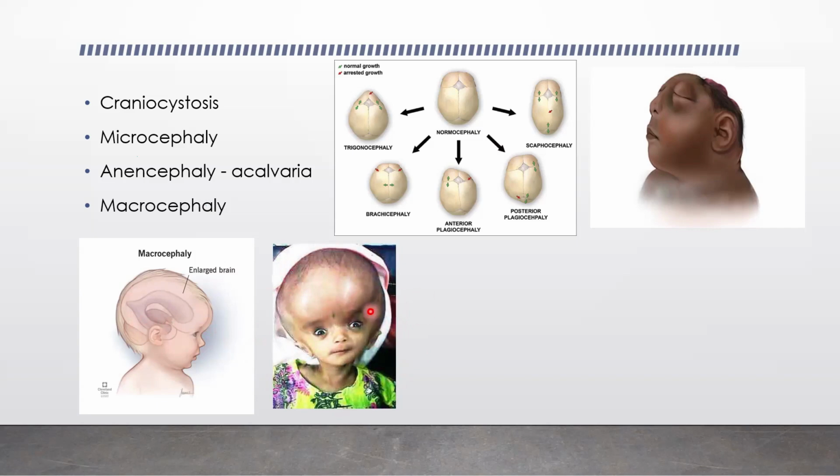Those are some of the signs of hydrocephalus. A time will come when we'll be talking about differentiating between the two types of hydrocephalus, communicating and non-communicating. For communicating, you have an issue to do with the absorption of CSF. For non-communicating, you have complete obstruction of circulation of CSF.